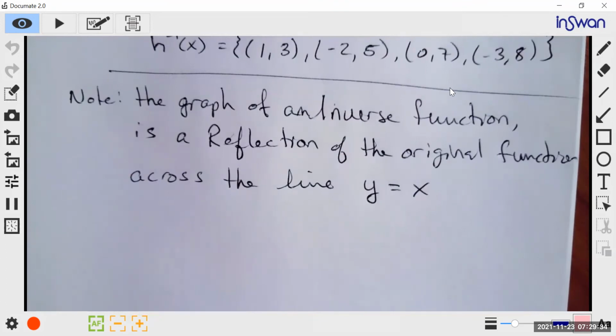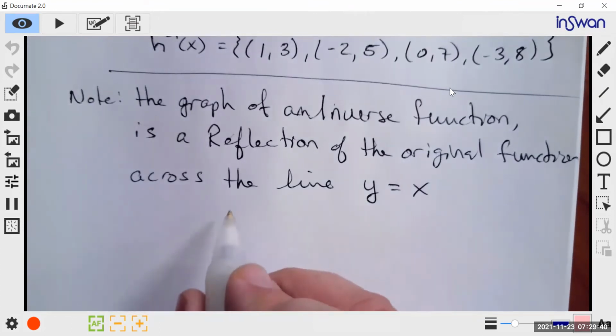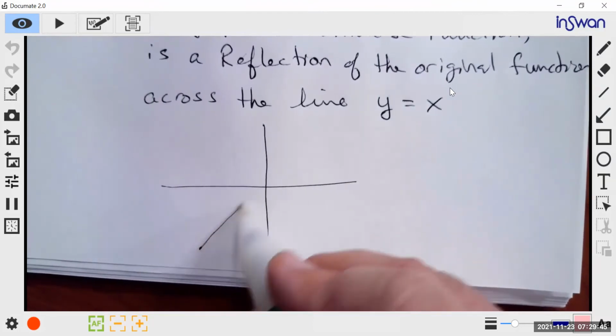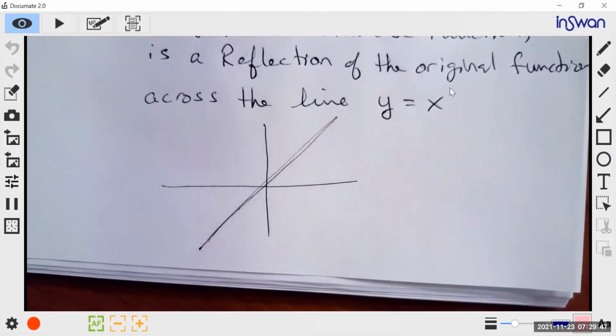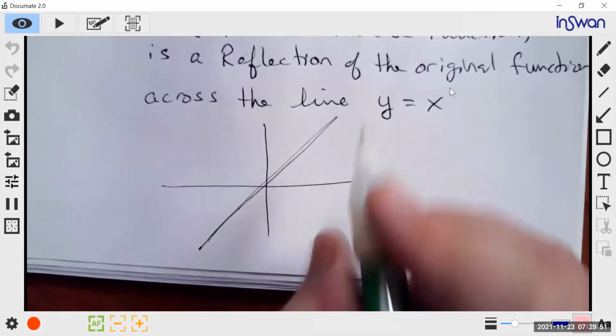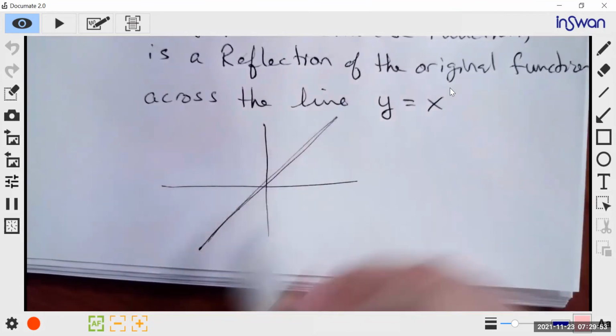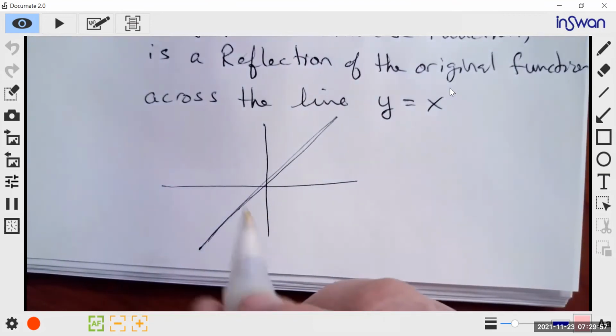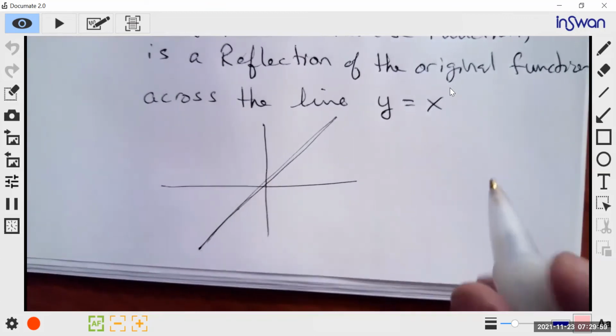So when we graph inverse functions, we actually flip it. If you want to know the actual graph, fold your paper diagonally like this and press down hard on the graph, and you'll make the inverse of the graph.